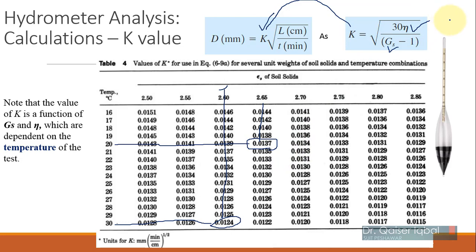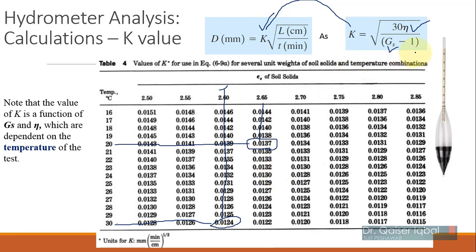So if you are going to do the test at 25 degrees centigrade, you should make sure that you determine the viscosity at 25 degrees in the viscometer as well, and that will be the relevant viscosity which you can use. If the temperature is lowering, then the viscosity of water increases, and if the temperature is increased, then the viscosity of the water will reduce. So this is how you can determine the value of viscosity and gs if you don't want to use this table, or if you don't have this table.